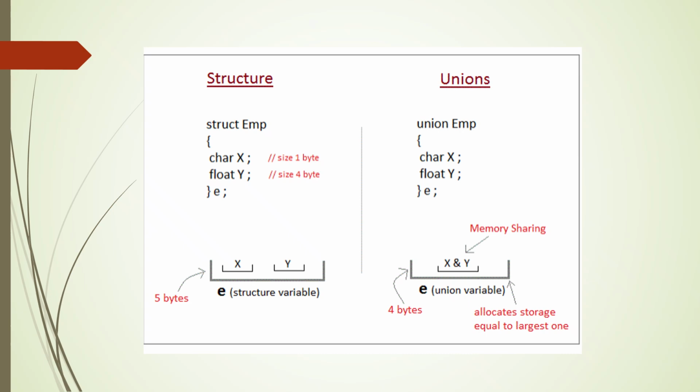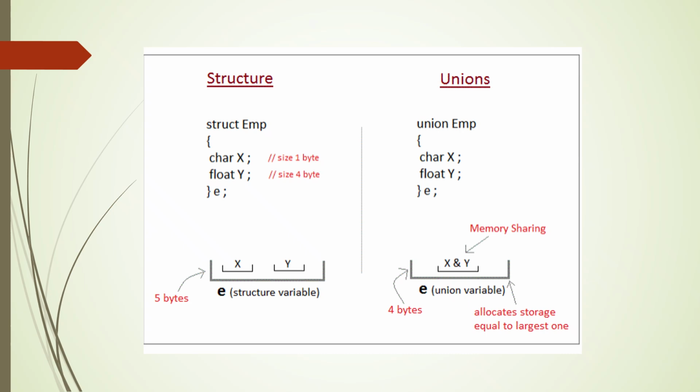Because of this shared memory, when we assign a value to one member, it overrides the previous value stored in that memory. So, we cannot use all the members at the same time. We can only access the member whose value was most recently assigned. So, this is the core idea behind unions.